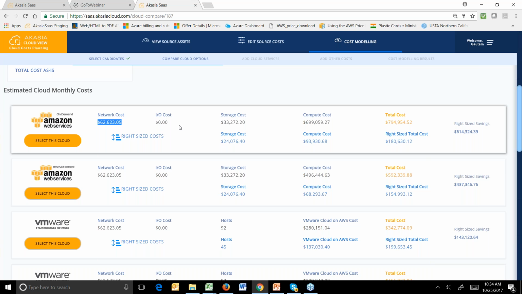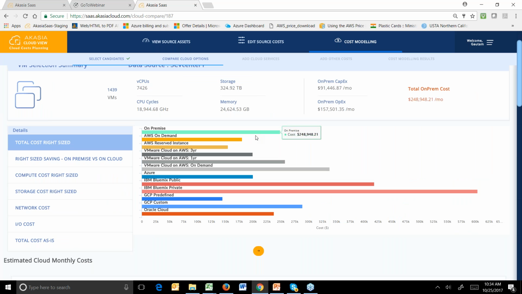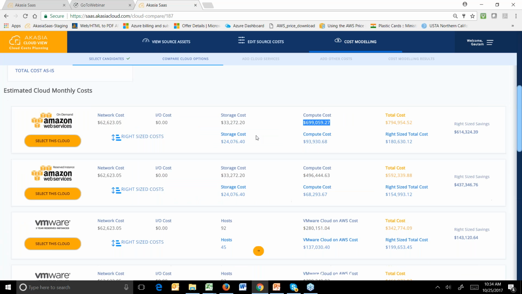That's why its cost is 0. Storage cost, as is, based on what is allocated today to your virtual machines, is about $33,000, and the compute cost, based on current configuration, is close to $700,000. So you're talking about a total cost of $700,000 to run this infrastructure in the cloud, which currently is costing you $248K. Ooh, why would I do that?